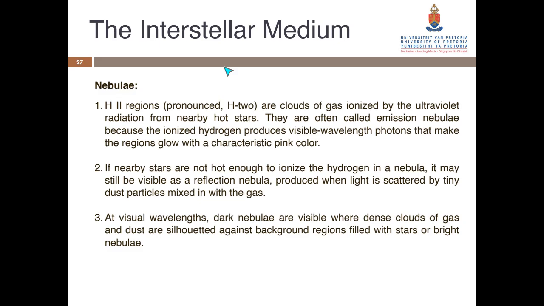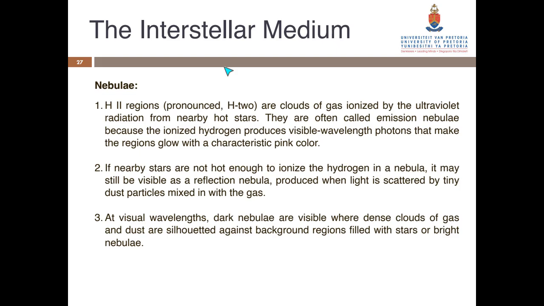So H2 regions, H2 is hydrogen, are clouds of gas ionized by ultraviolet radiation from nearby hot stars. They are often called emission nebula because the ionized hydrogen produces visible wavelength photons that make the regions glow with a characteristic pink color.